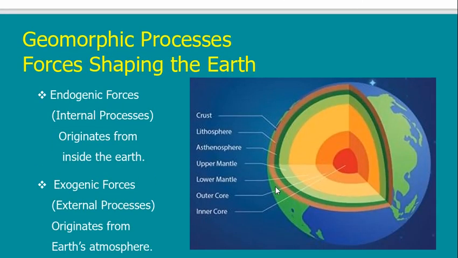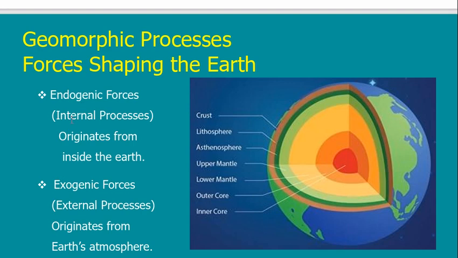Let's remember that we said that there is something called geomorphic processes. These are the forces that shape the earth. We said that we have two types of forces: endogenic forces and exogenic forces.